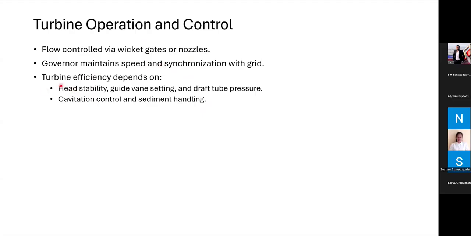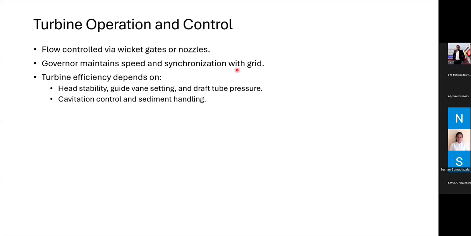The governor links to this because the speed of the machine depends on the frequency of the power grid.